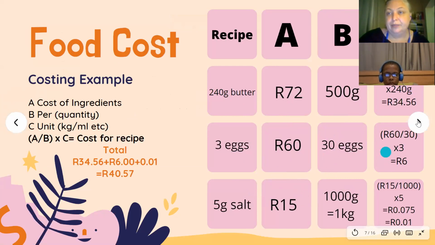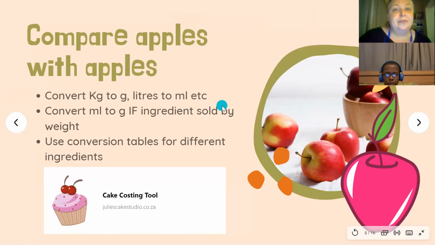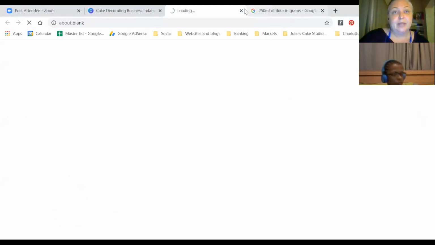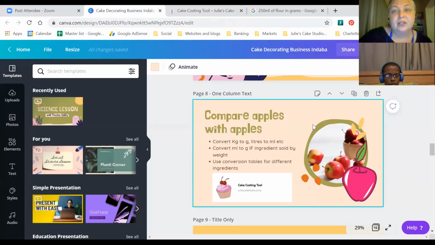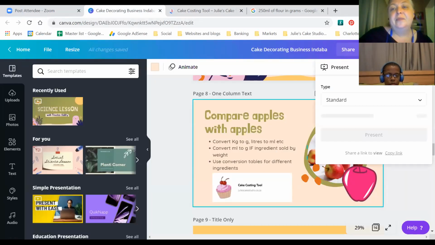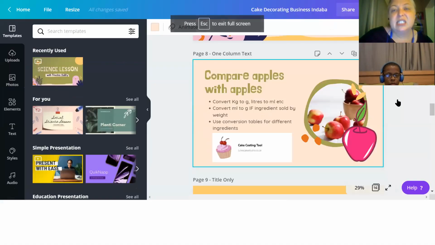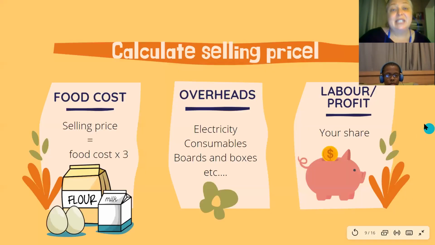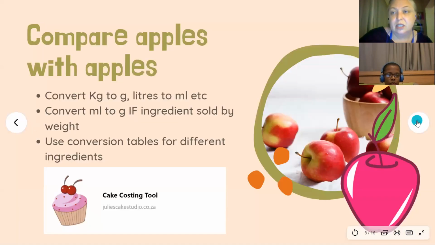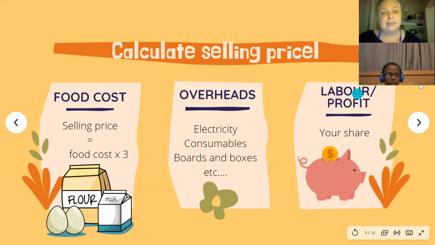Oh, it does link. Amazing. So this links to a little costing tool that I have made, which I'm going to tell you about later, but I'll come back to it. It helps you to work out your costings.